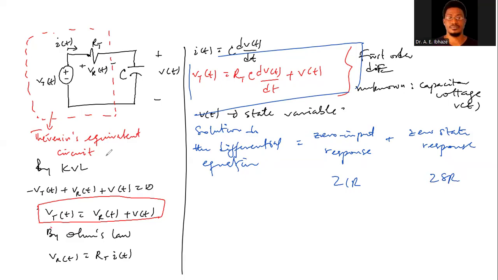Okay, so now that we have to address two major things, zero input response and zero state response, we may now reorganize the circuit based on what we described in the previous lecture. We already have a circuit with a voltage source. So we have VT of T. So let's say this is a unit step.